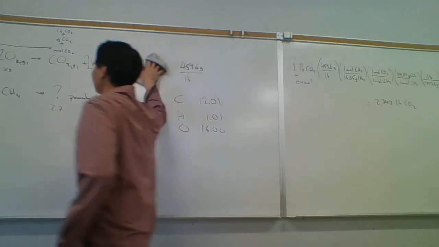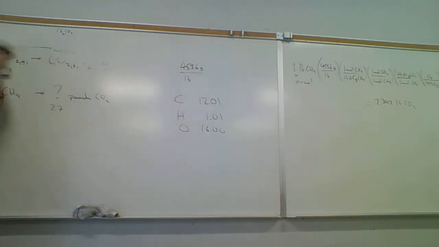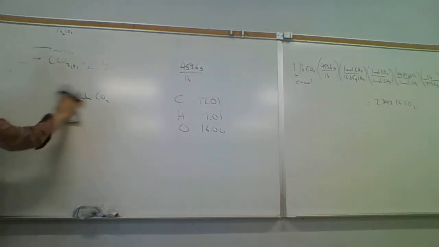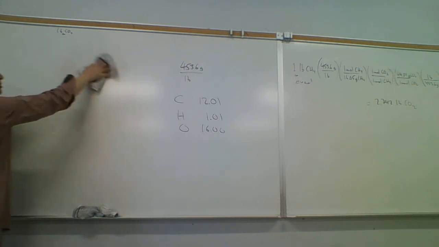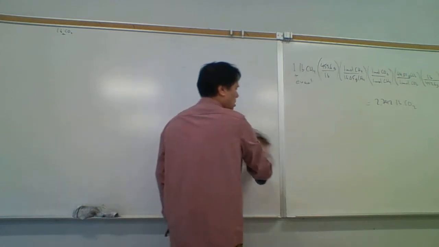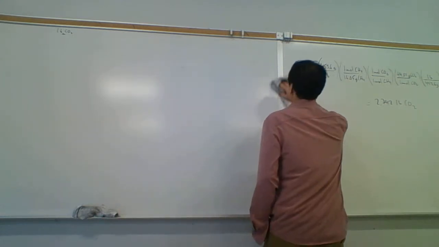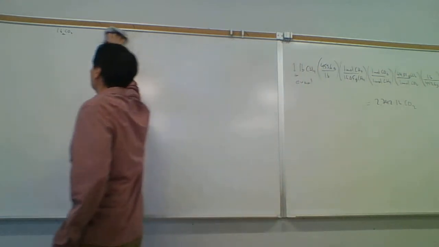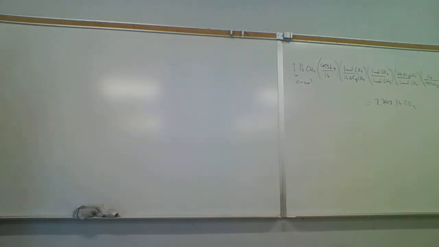Which brings us to the next type of example. In this case, we didn't have to worry. Whenever we're just given one reactant, we assume all the others are in excess. That is, there's enough of the other reactants to complete the reaction. However, sometimes we're given more than one reactant.